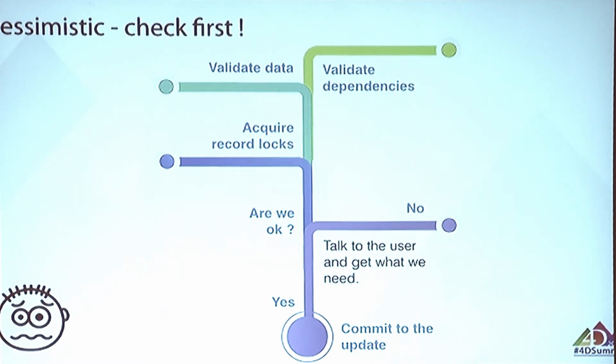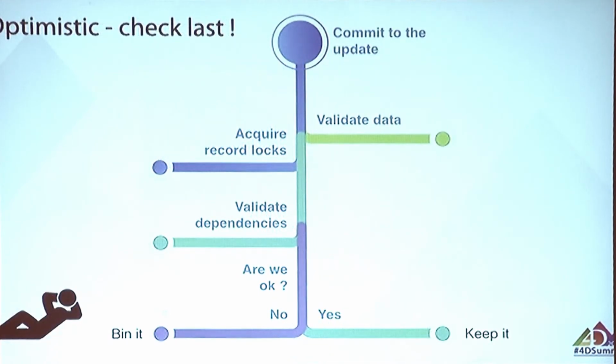So optimistic is completely upside down. It just works completely the other way around. Here, we don't bother checking anything before we make a change. We just go right on and do it and worry about it later.